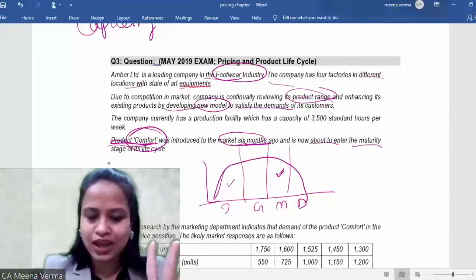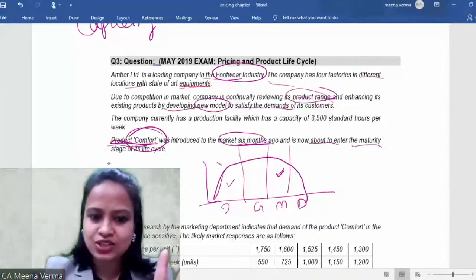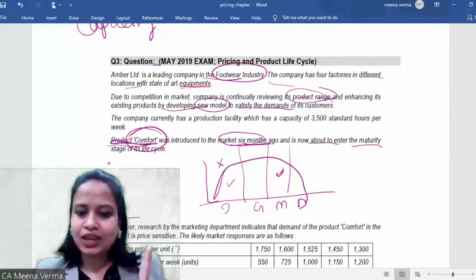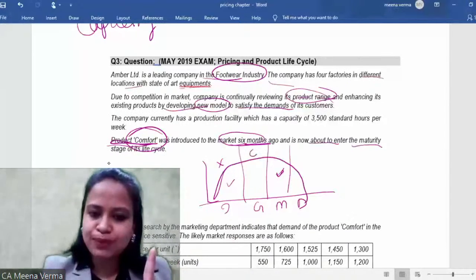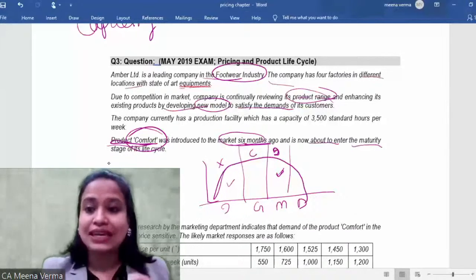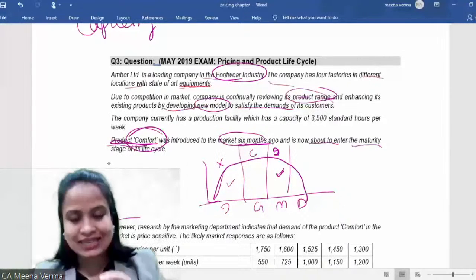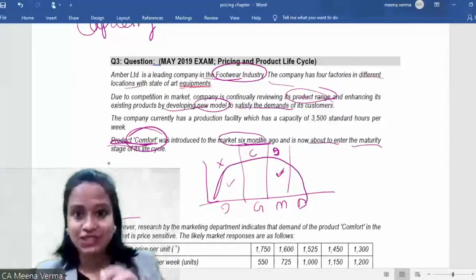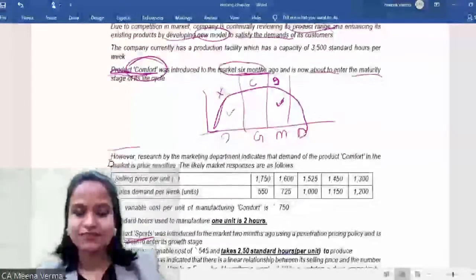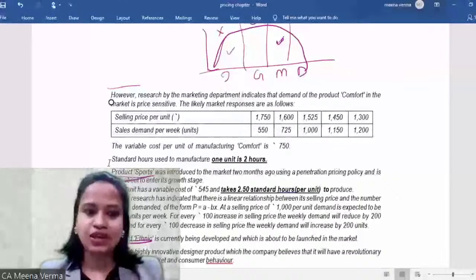In the introduction stage, there is no competition. In the growth stage, competition will begin. And in the maturity stage, competition is intense. If your product has reached the maturity stage, it means the competition is intense in the market. Okay, now next.